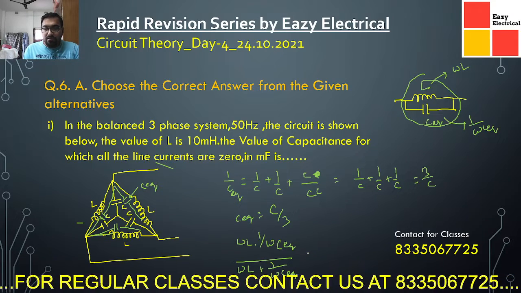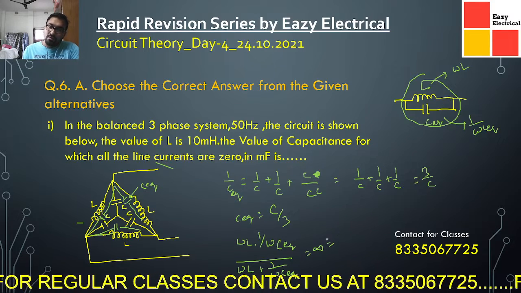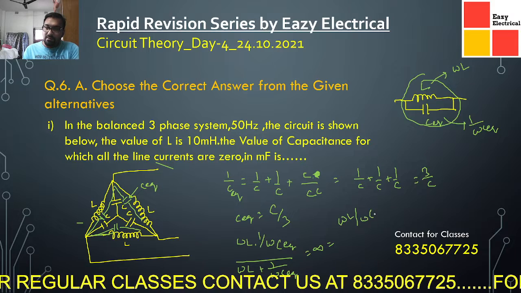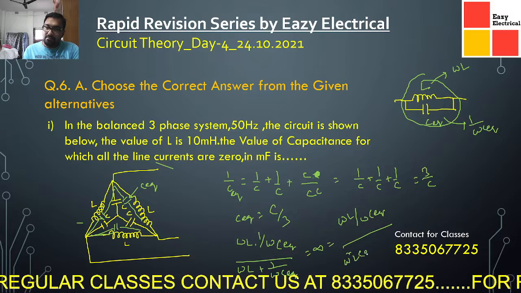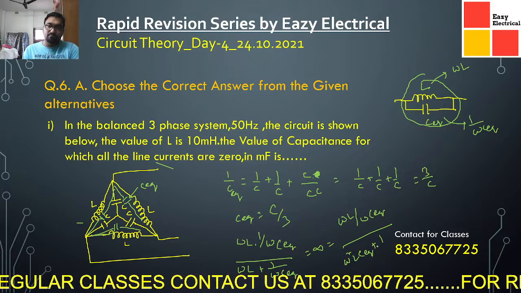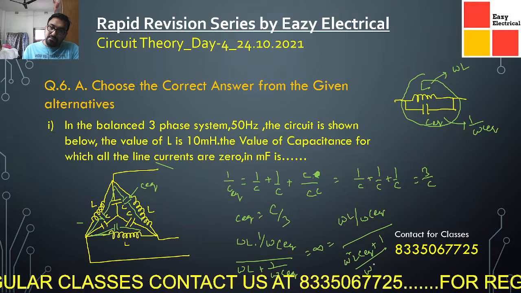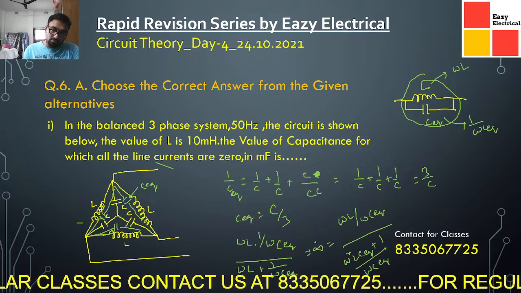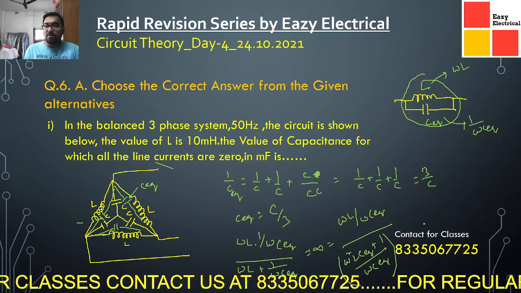So omega L divided by omega C equivalent, and here it is coming out to be omega square L C equivalent plus 1, divided by omega C equivalent. Now if this part has to be infinite, the bottom part has to be 0.